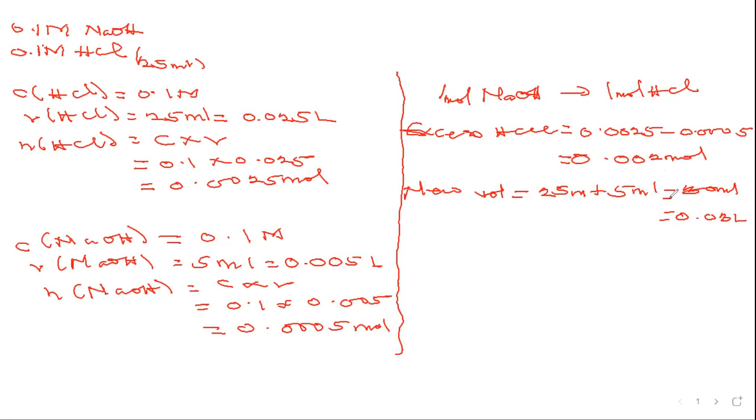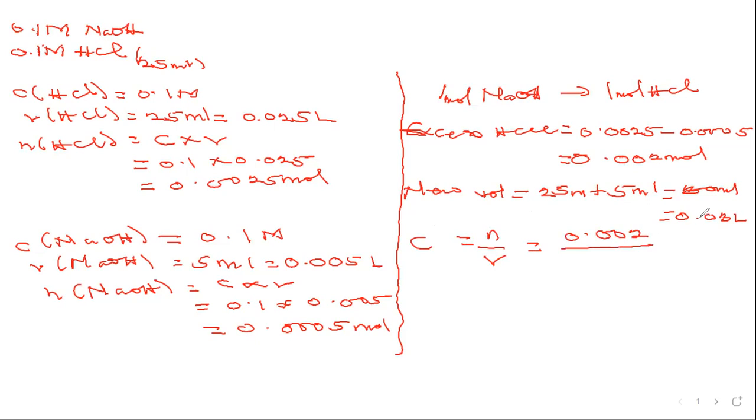So once we have our new volume, we can find our new concentration. We know that concentration is moles divided by volume, where the volume is in what? Liters. So the moles that we have in excess is 0.002 moles.